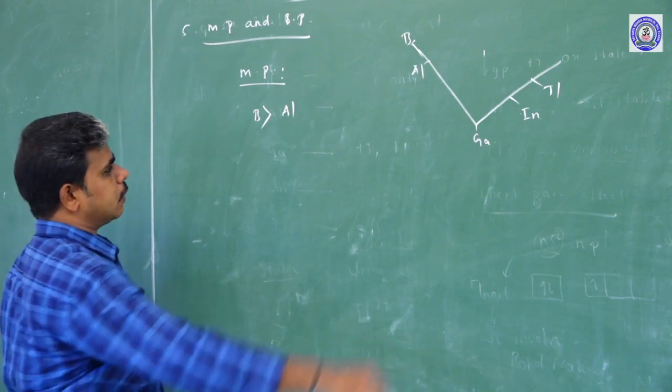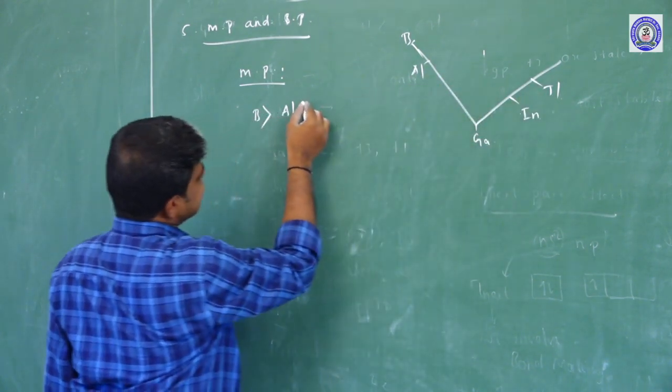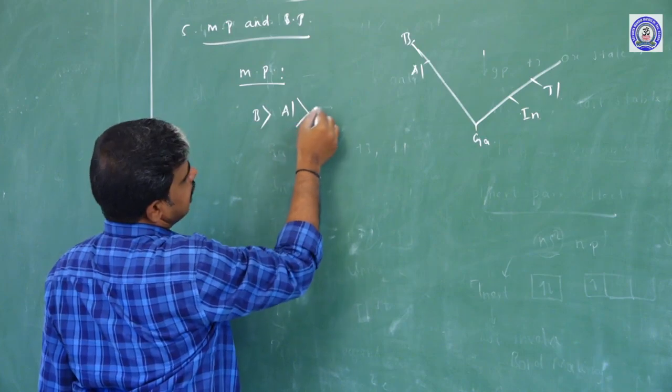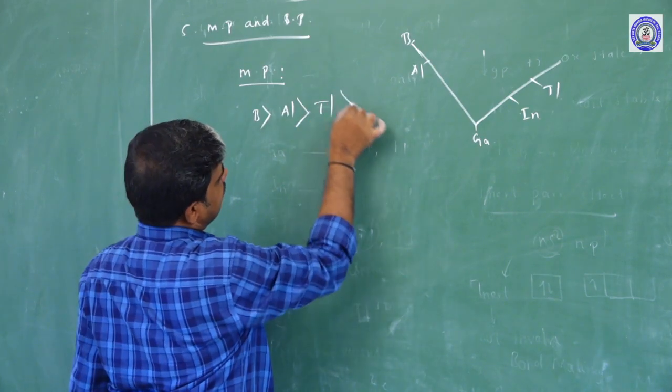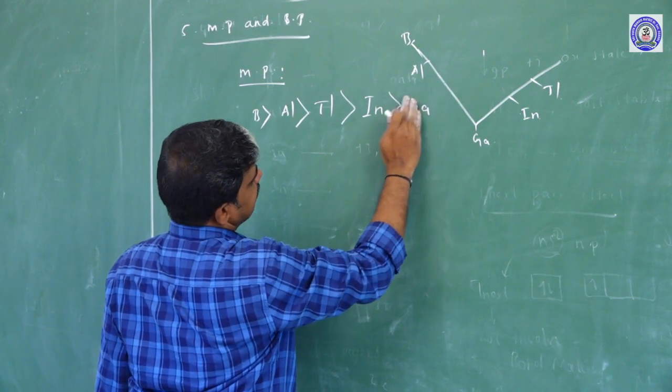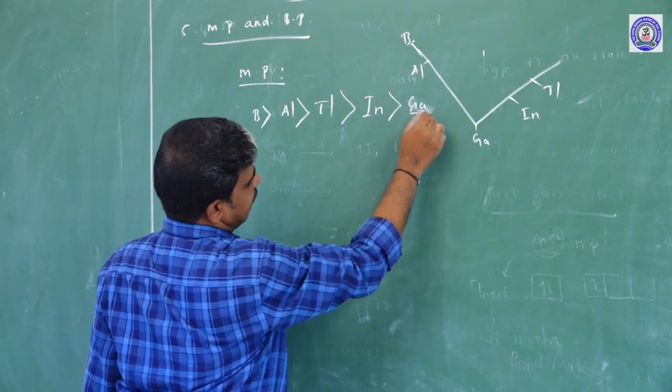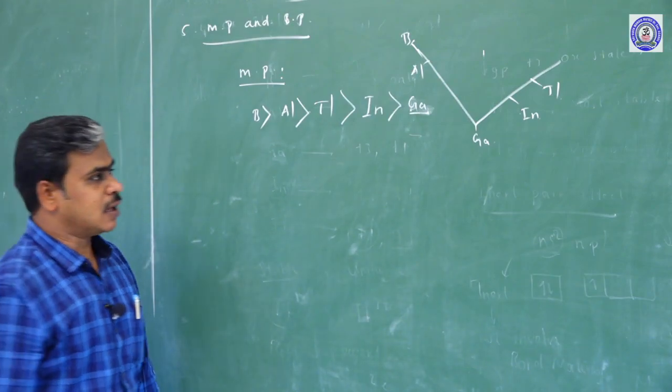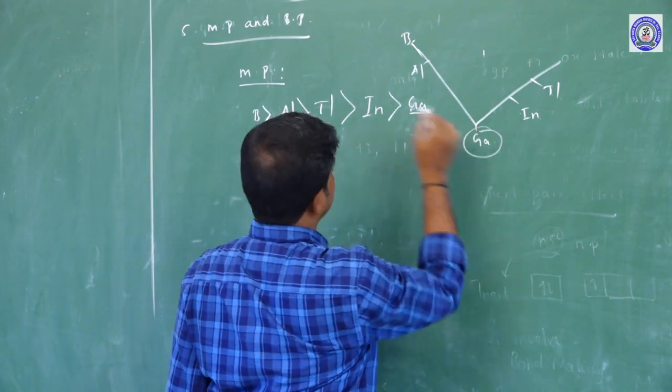After aluminum, it is thallium, indium and gallium. So gallium has the least melting point.